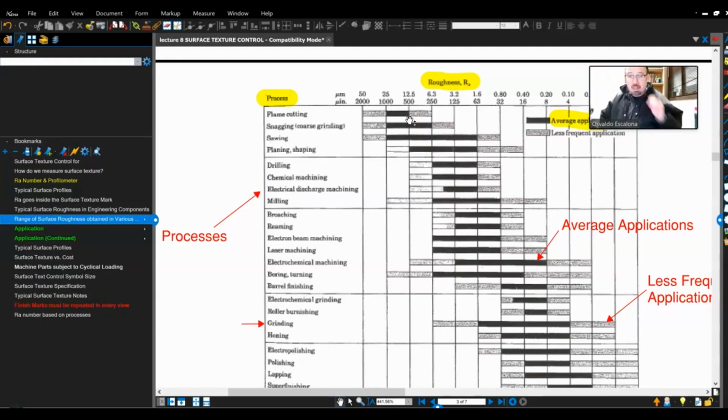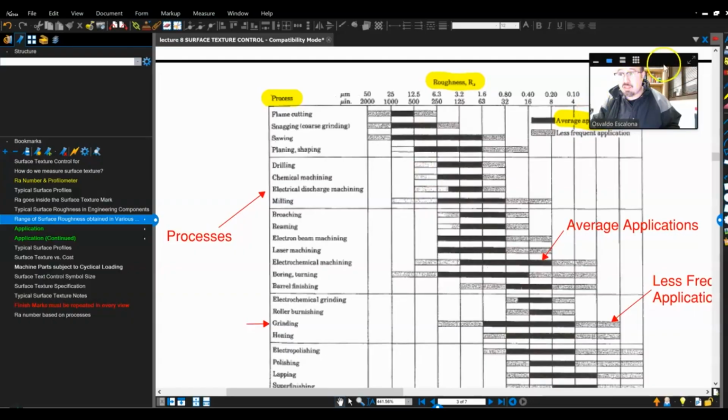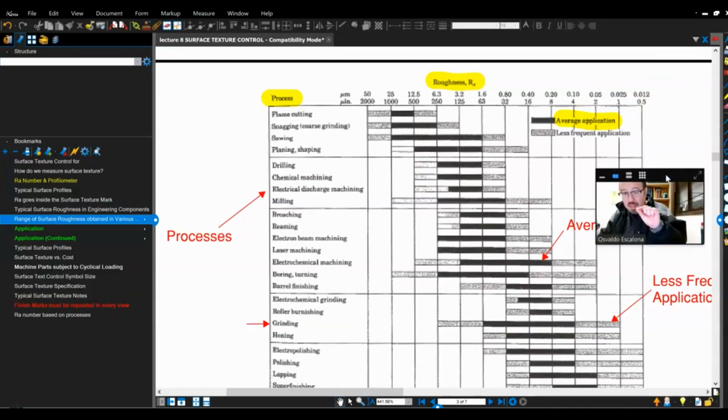If I don't have the tooling and you are calling out a crazy RA number, I'm talking about a small RA number. Remember, there are micro inches and micrometers. That's called microns. You will notice that the application, you can only get it with a certain amount of tooling, a certain amount of process.